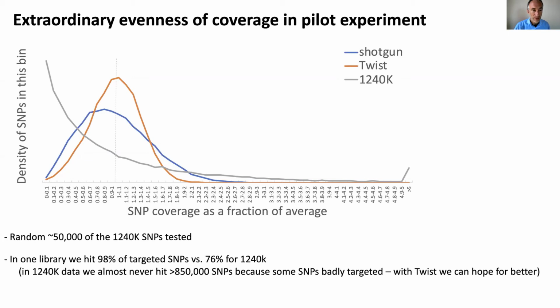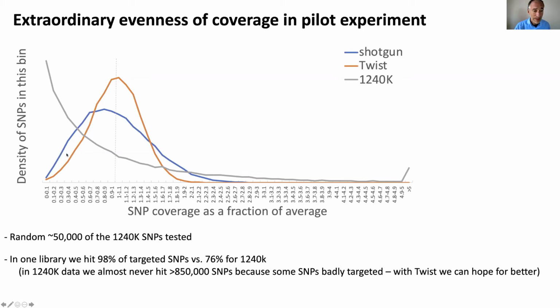And what you see is that the Twist experiment produces a really nice tight curve where the great majority of SNPs are within 50% of the average coverage. That's similar for shotgun, and somehow, a bit surprisingly, shotgun is less uniform with more SNPs of very low or very high coverage. We don't understand why that is, but certainly Twist seems to be performing well. And the 1240K data from this perspective is really poor in that there are many targeted SNPs that are just hardly being captured.